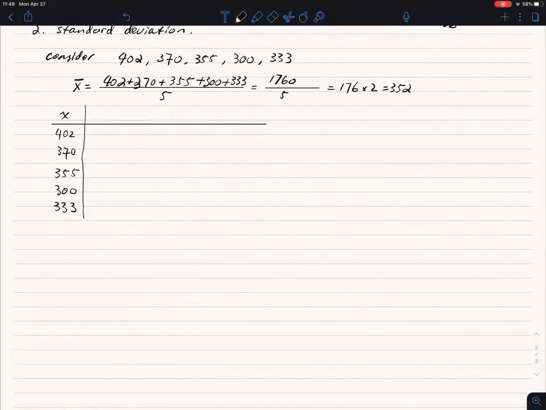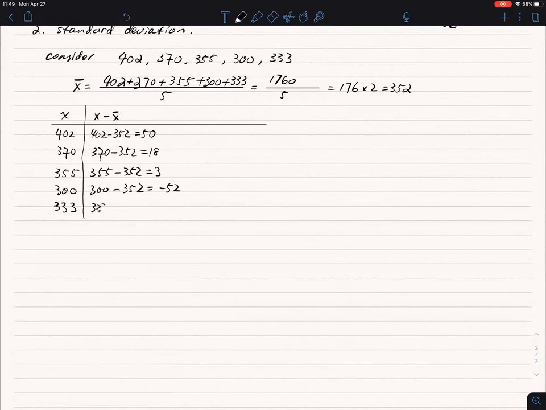Okay, so what I'm going to do is look at the difference between each value and the mean. So I'm going to subtract the mean from each value. So 402 subtract 352, that is 50. 370 minus 352, that is 18. 355 minus 352, this is 3. 300 minus 352, oh, this is negative 52.